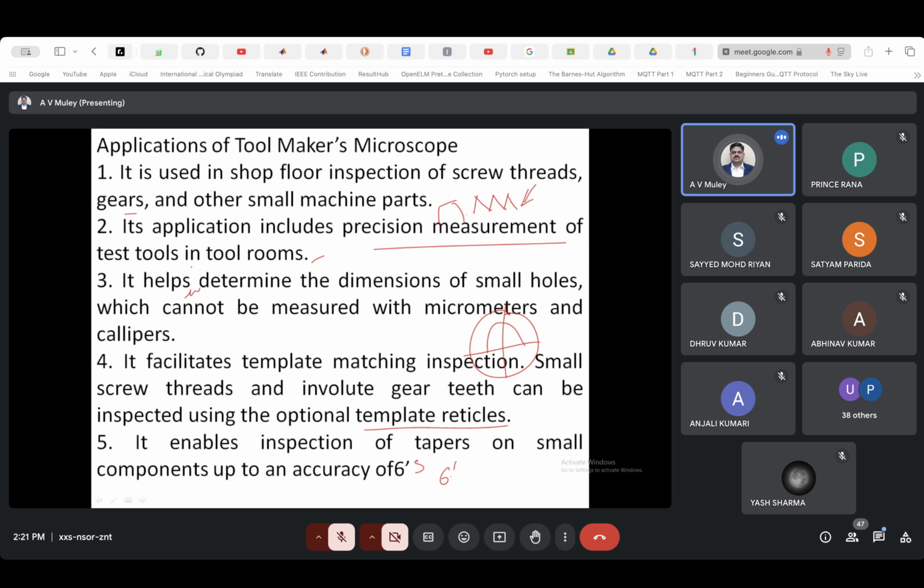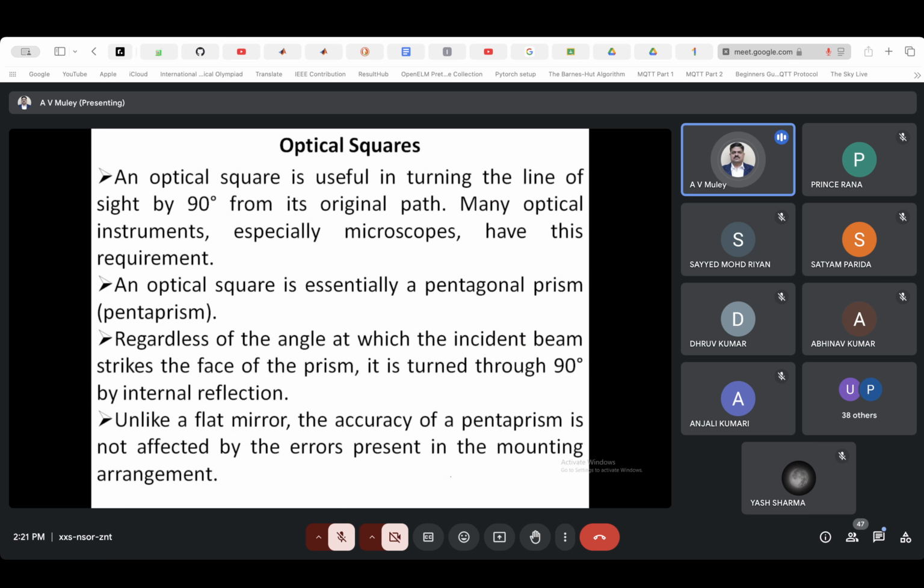Okay. So the optical square. Now another instrument that we are going to use over here is called an optical square. And the optical square is useful in turning the line of sight side by side में light होगा ये, ठीक है ना, by 90 degrees from its original path.